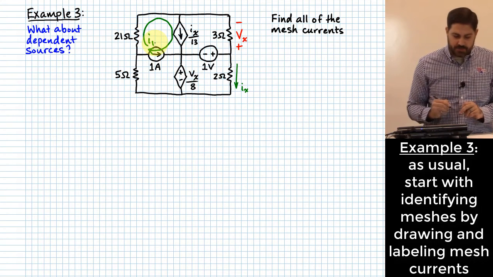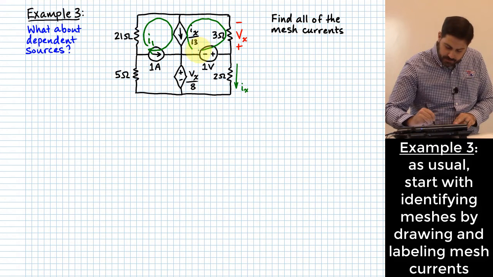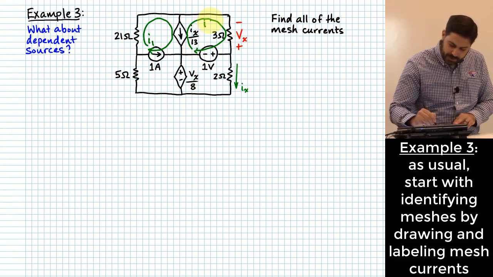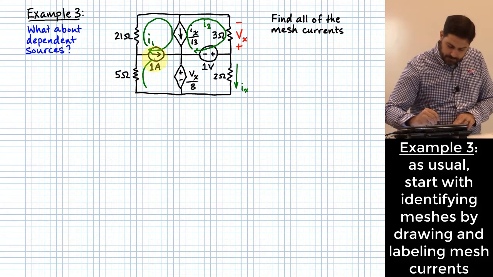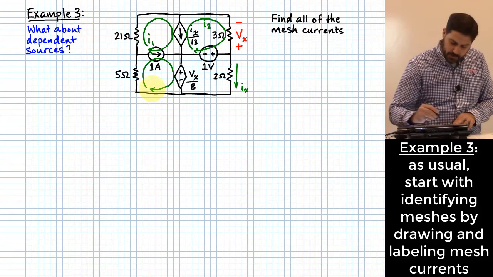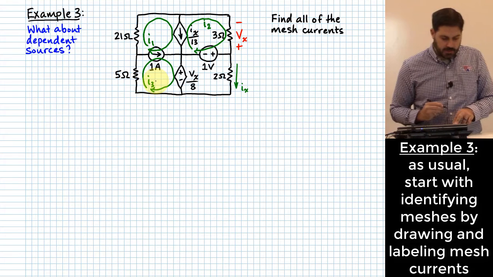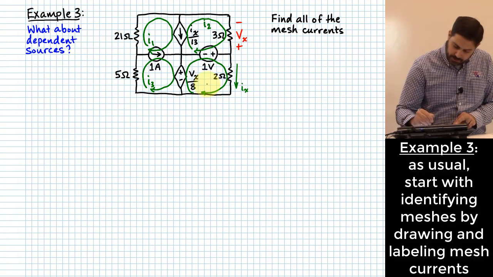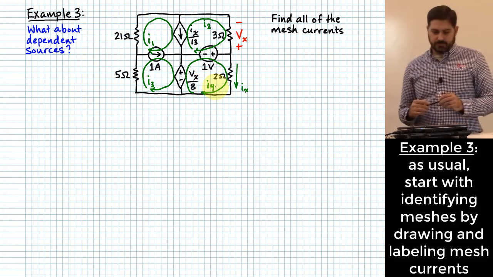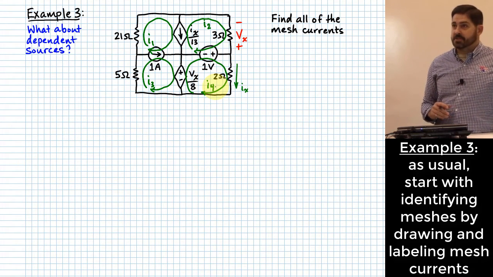Define one mesh current right here, another one right here and call that I2, another mesh current here and call that I3, and my last mesh current over here, and I'll call that I4. All right, so I just finished step 1 of my mesh analysis technique.